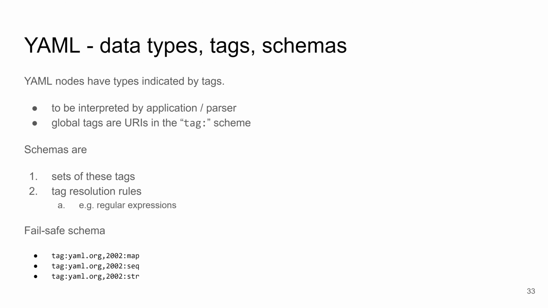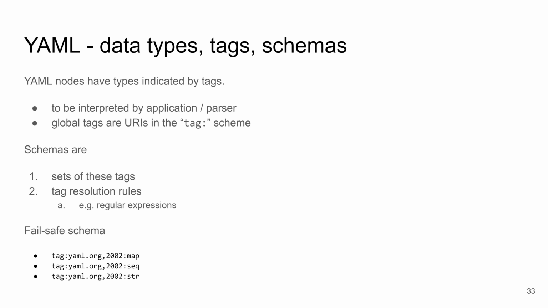And schemas are sets of these tags along with the meanings of those tags and tag resolution rules, which for instance can be regular expressions, which when run on the YAML scalar or a string determine which tag should be added to that value. You'll see some examples of those in a moment.